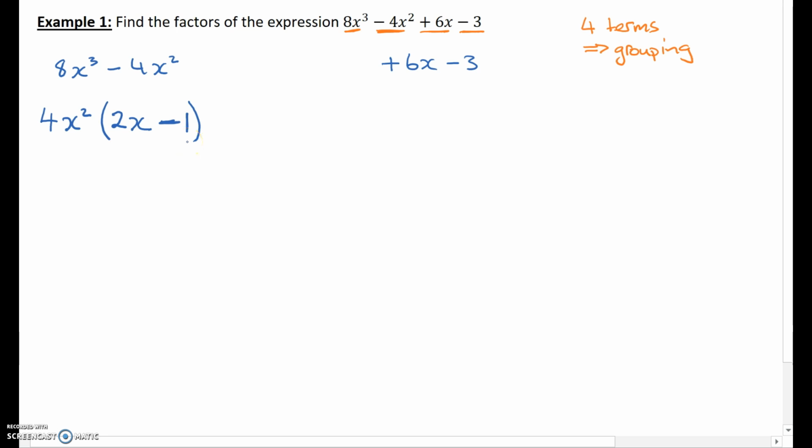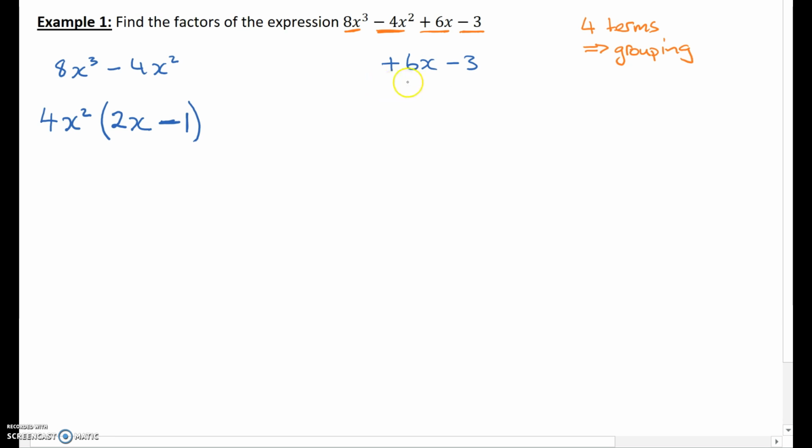If you want to multiply that quickly in your head to make sure that you get 8x cubed minus 4x squared, please do so. Right, let's move on to the other side. Plus 6x minus 3. We're going to do the same thing here. So first of all, you ask yourself, what number goes into 6 and into 3 evenly? What's the biggest number that divides evenly into 6 and into 3?